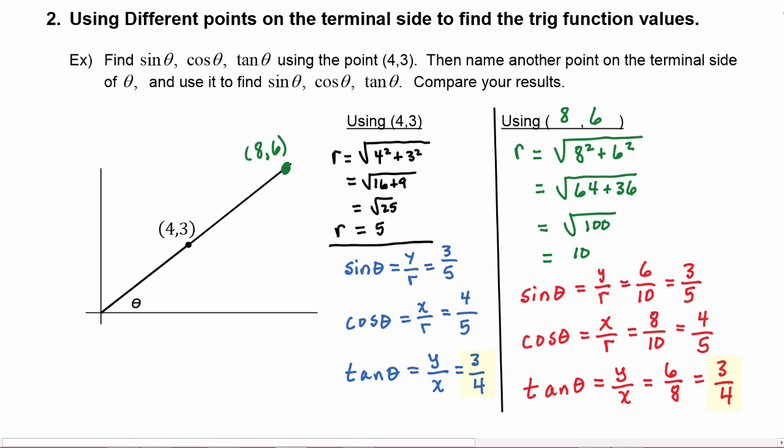And once again, we get the same value that we got before. So the conclusion here is that you can use any point on the terminal side of theta to find the trig function values.